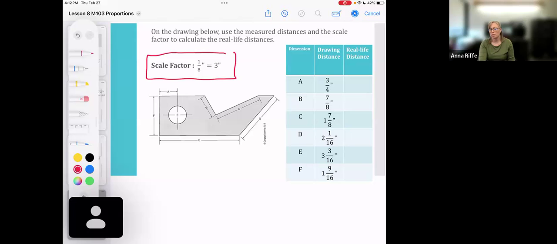And we want to be able to find what the real life distances are. So maybe we'll just do the first couple just to see how this works. If we want to find the real life distance for, say, dimension A, which is here, you will not be tested on the scale factors.